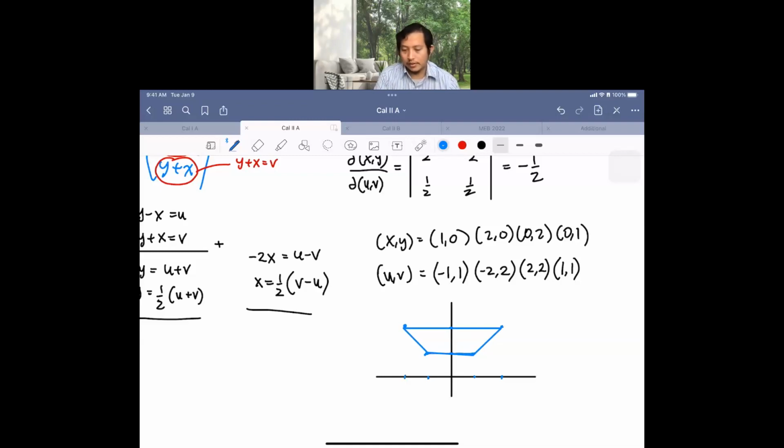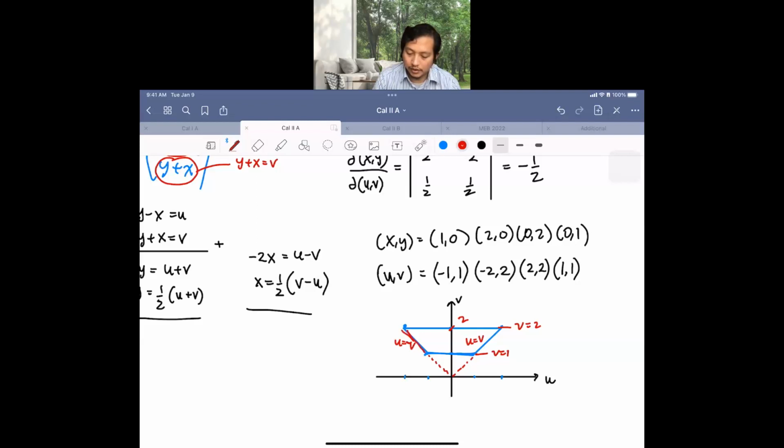I think it's okay just using v for the outside integral, as mentioned before, right? So v goes from 1 to 2. And then the rest, since it's 1, 1 and 2, 2, this will be u equal v, and this will be u equal negative v, right?